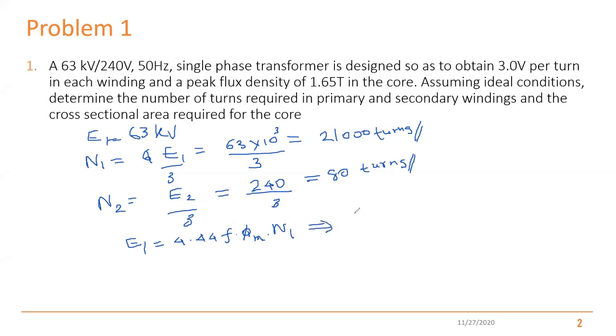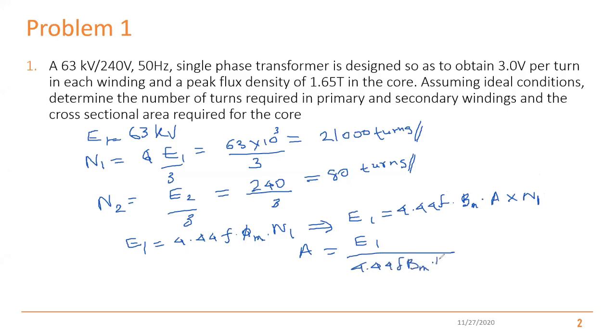The same equation can be written as E1 equals 4.44 F, and instead of maximum flux, I can write maximum flux density times the cross-sectional area of the core. So the cross-sectional area A can be found by E1 divided by 4.44 F Bm N1.